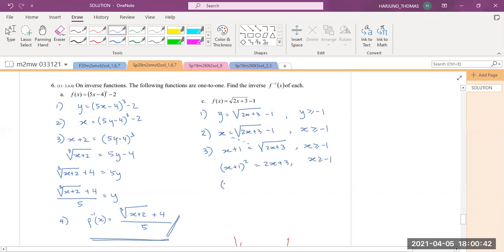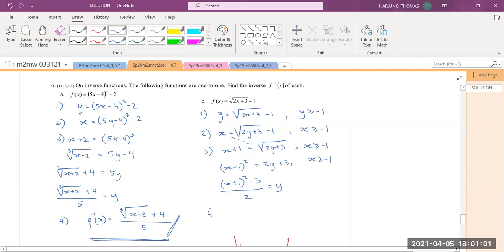Okay, so x plus 1 being squared minus 3, over 2. Oh, I'm sorry. What happened with me? This is supposed to be y here. So this is equal to y.